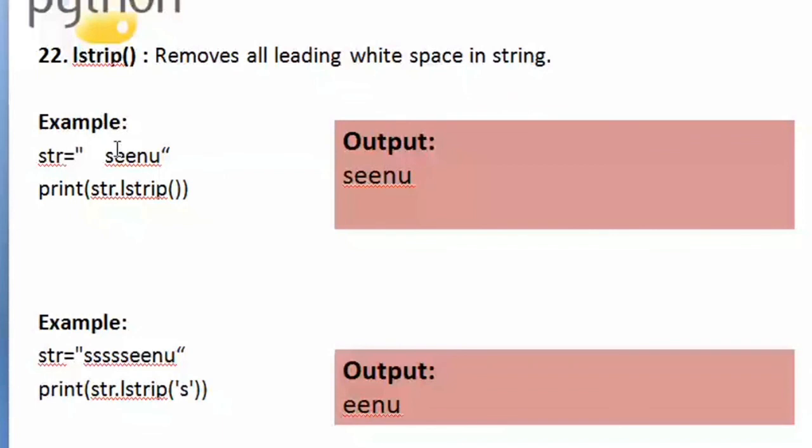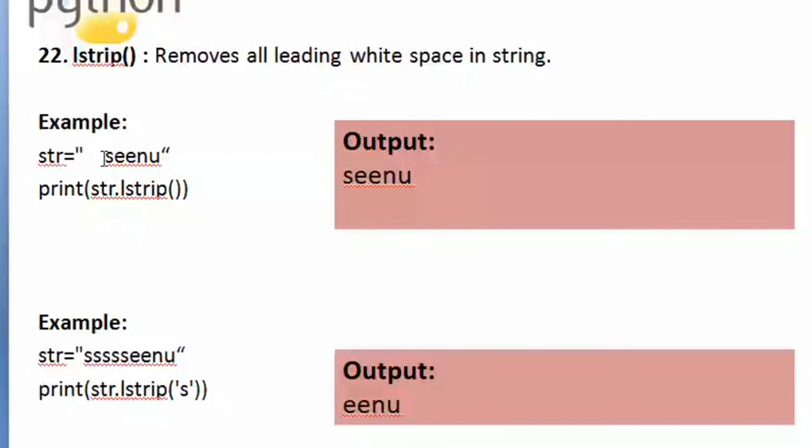There is another variation, lstrip, where L stands for left. Whatever white spaces precede the text will be removed. Now I'm saying Sinu over here, and I have repeated S many times.